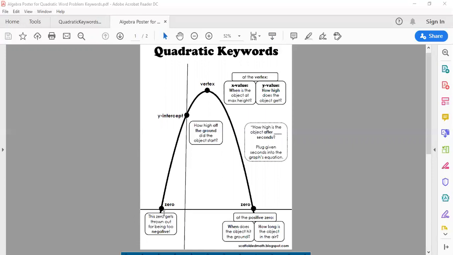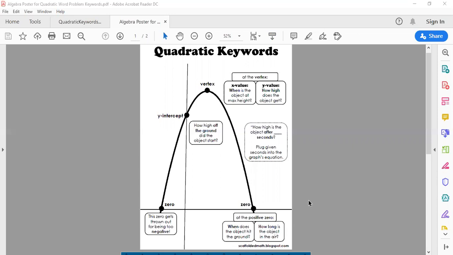If I get an x value that is a negative number, say like negative 2 seconds, well, that literally means 2 seconds before that item was launched or thrown. And that's not going to make a whole lot of sense in the context of our problem. So the negative times, we're typically going to throw those out. You're going to be focused more on the positive x values that you have right there, okay?